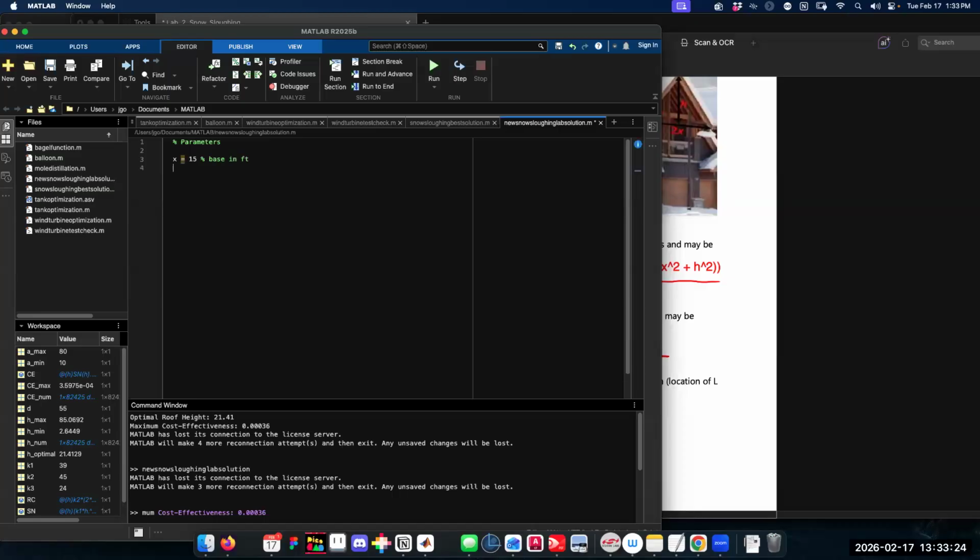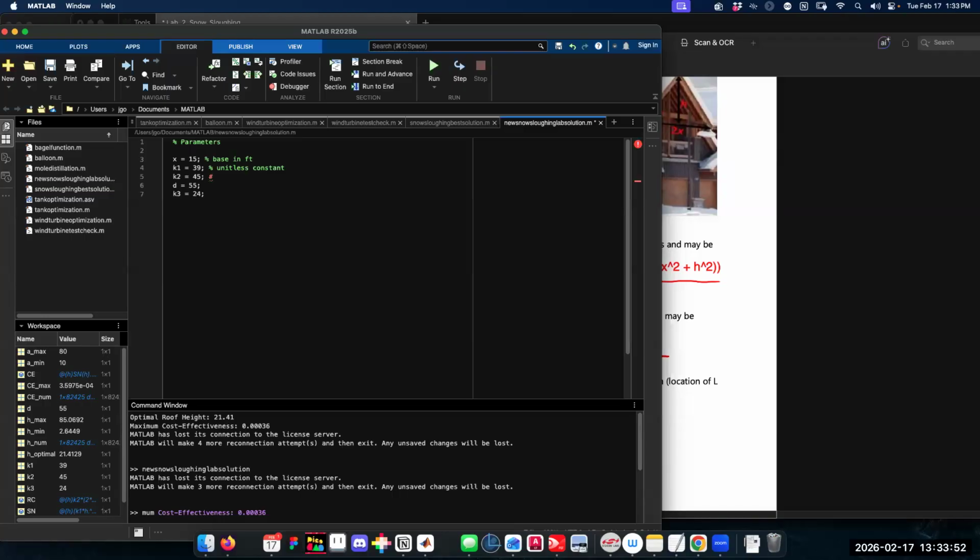So we've got right here x equals 15, and then we can describe what it is with a comment: base in feet. K1 equals 39. Oh, I also put the semicolon. K2 equals 45. D equals 55. K3 equals 24. So K1 is just a constant. K2 is a constant also, but let's say a unitless constant.